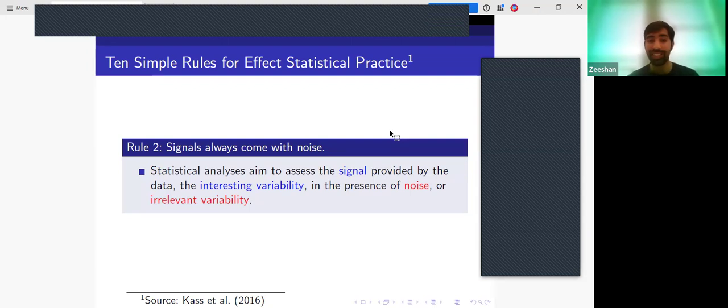One is called signal, and these are the variabilities which we have interest in. The other variabilities, which are not that relevant in our study or which we can't explain based on the data, are called noise. These two things we should keep in mind, which is the second rule for being an effective practical statistician.